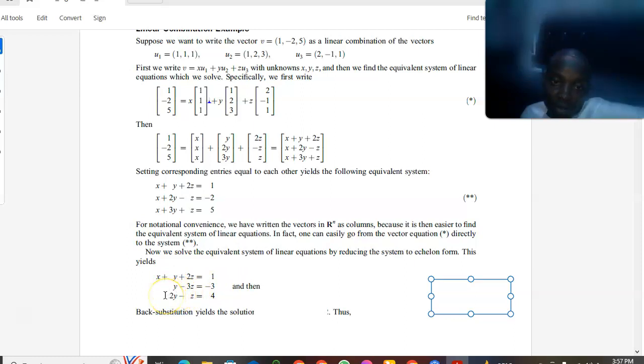So row 3 will be row 3 minus 2 multiplied by row 2. So 2y minus 2y will be 0. Then 2 multiplied by minus 3z will be minus 6z. Then minus z minus minus 6z will be minus z plus 6z.